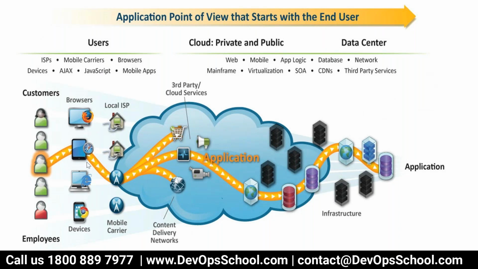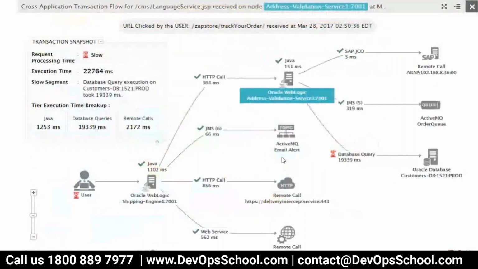So you need to trace all of these and find out where the culprit is. Let me know, in this image, which is causing the slowness?